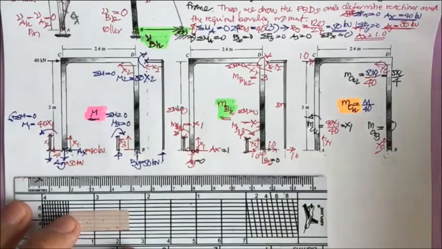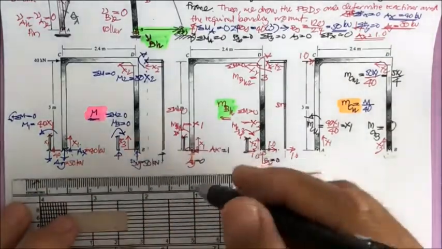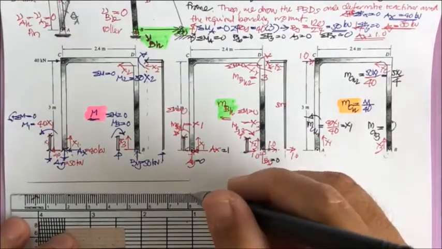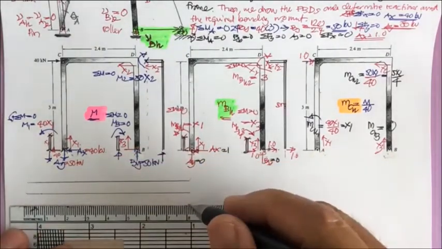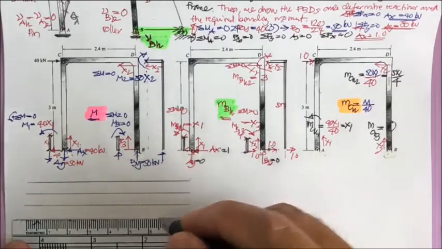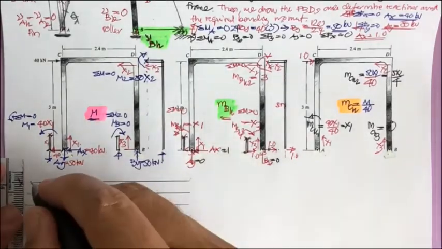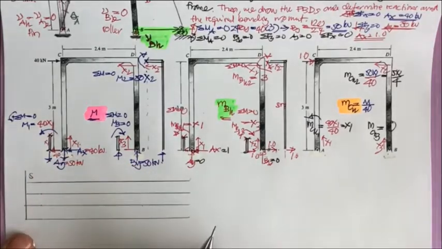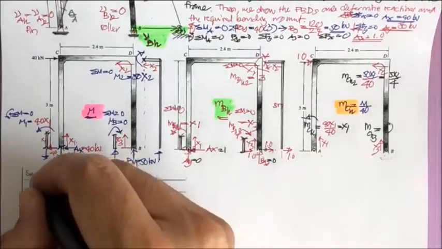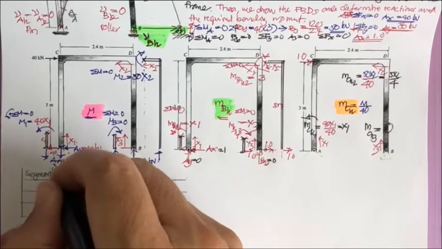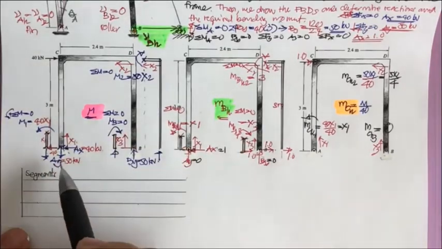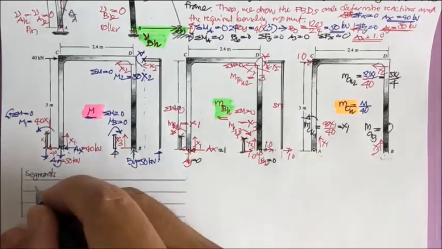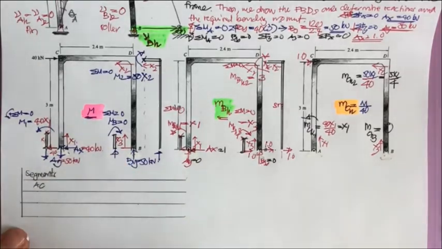We're going to have 1, 2, 3, and 4. What we have is the segment. Just put this one, this is the segment. We have A to C, so segment AC.